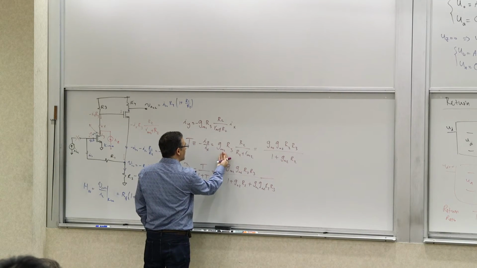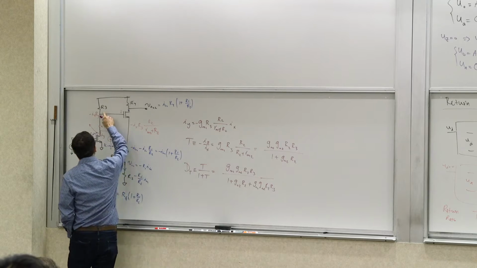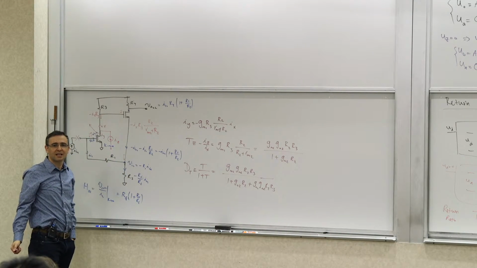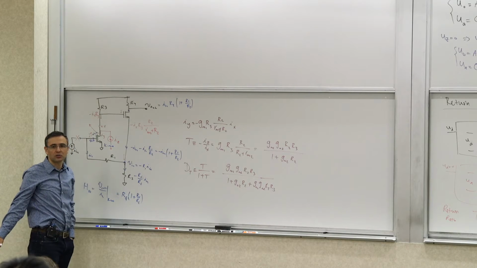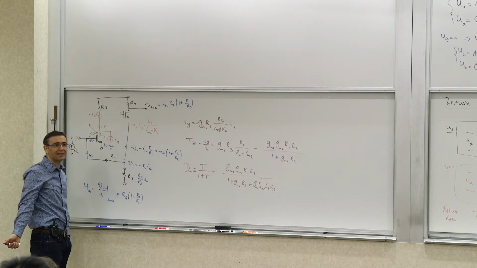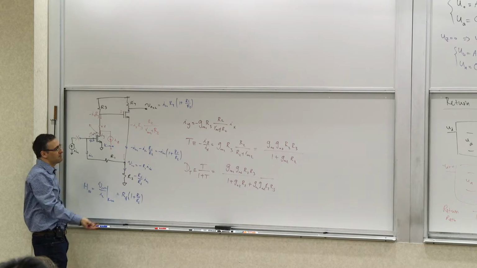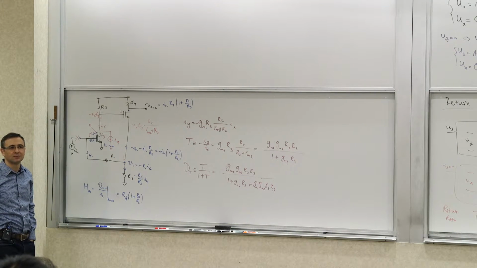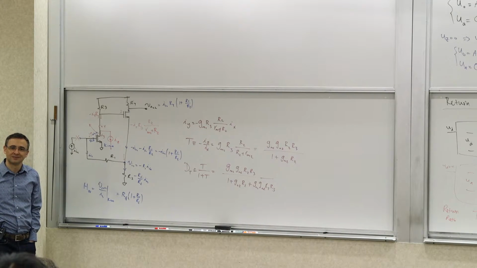And then you have the GM1 R3, which is the gain of this stage, right? So you want the gain of this stage, GM1 R3, to be relatively large. If you make that, let's say, 50, then this is going to be 50 over 50 plus 1, roughly, so it's going to be 0.98. It's going to be 2% off, roughly.